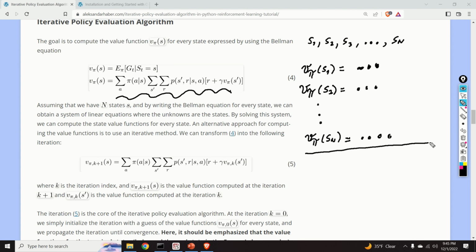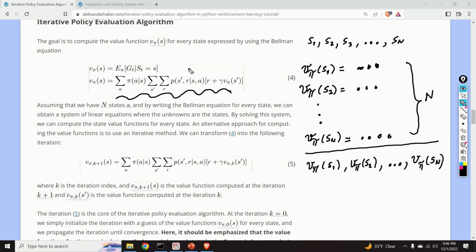Let us analyze these equations. We have a system of n equations. So what are the unknowns in these equations? Well, the unknowns are the value functions defined at particular states. That is, the unknowns are V pi of S1, then V pi of S2, 3 dots, until V pi of Sn.